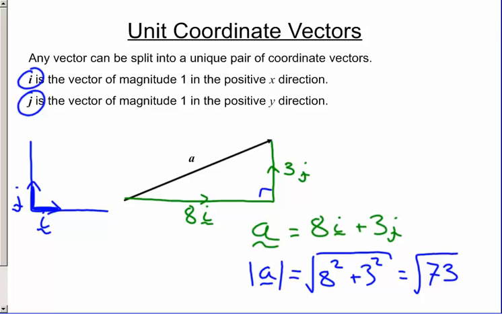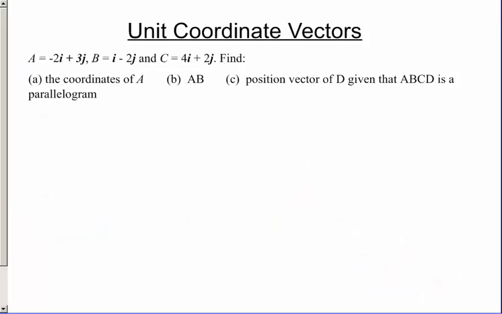So let's have a look at an example of a question where i and j are being used. Here we're given 3 vectors, a, b and c, and we're asked to find the coordinates of A. Now notice here that this vector is a position vector as well.